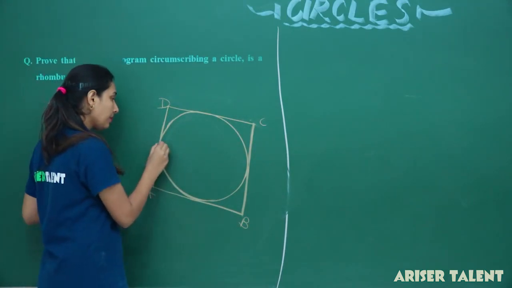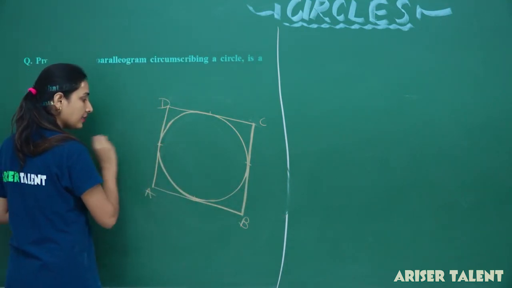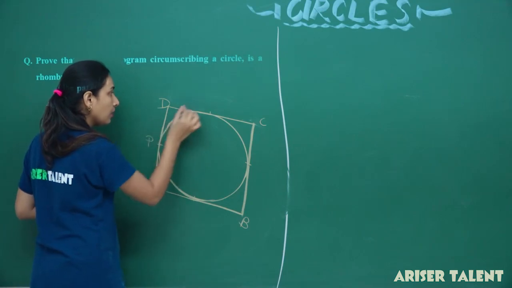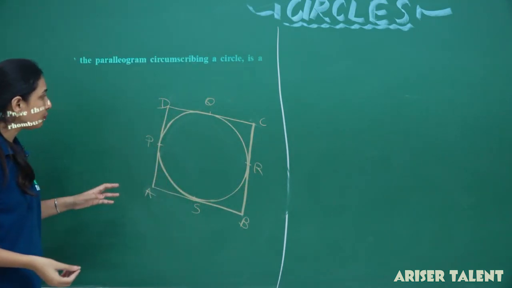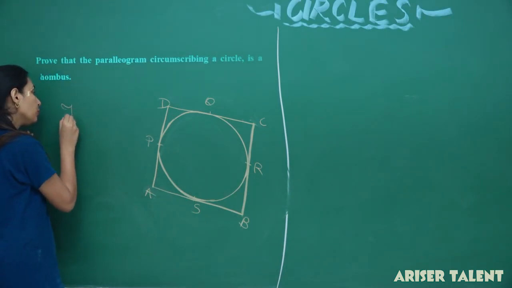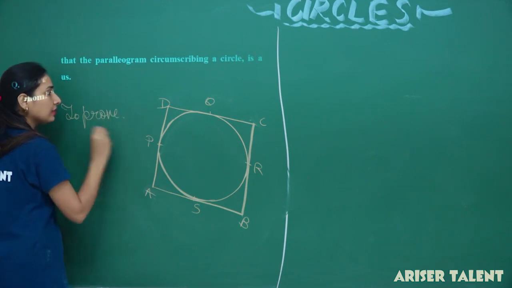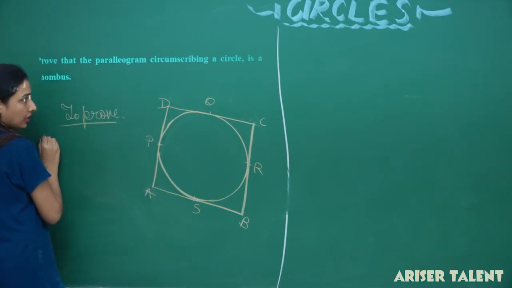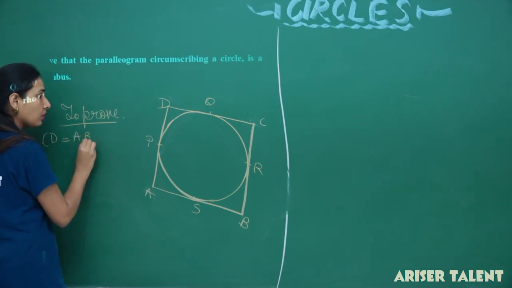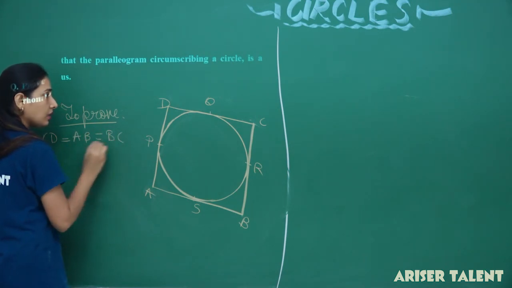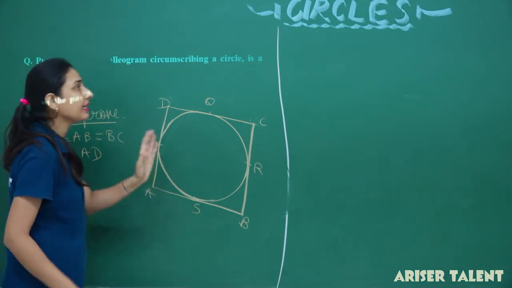Now, in this parallelogram, it is touching the circle at these points, let us suppose P, Q, R and S. Now, what I have to prove? In order to prove that this is a rhombus, I have to prove that CD equals AB equals BC equals AD. These four sides are equal.